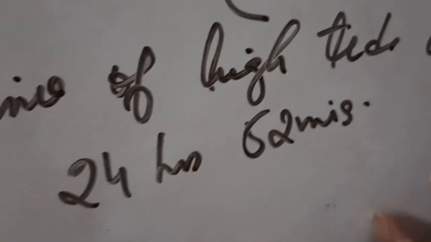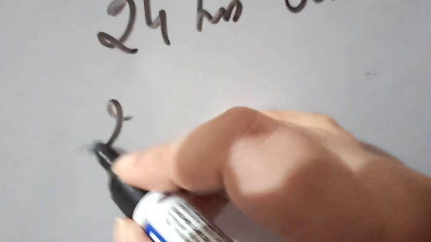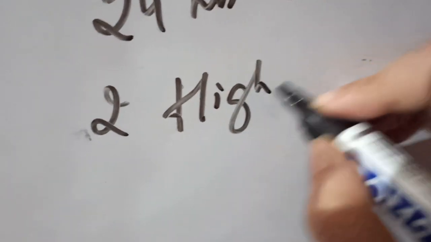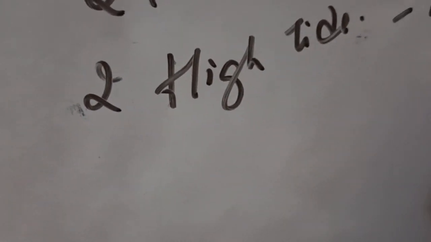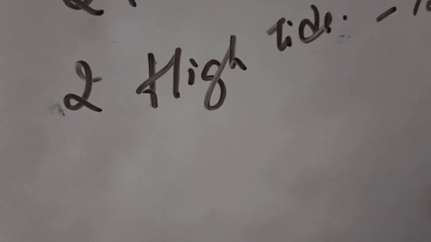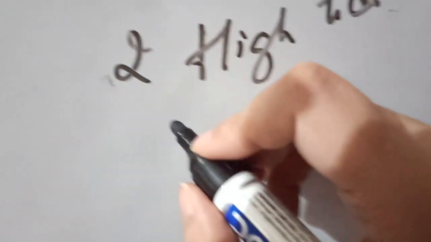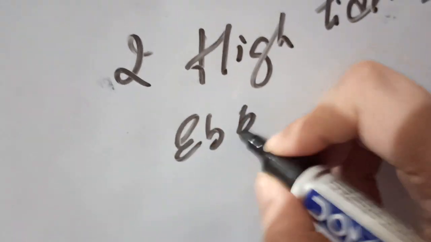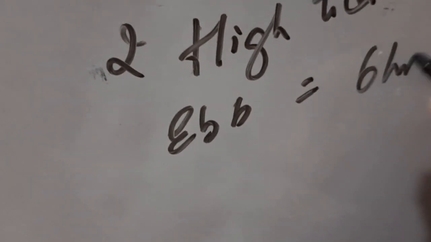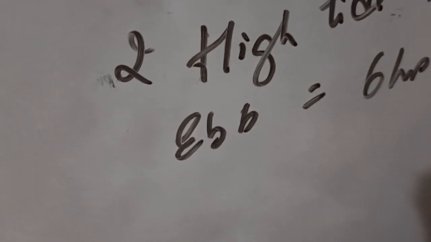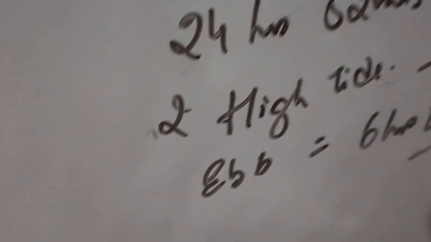Thus, the interval between the two high tides is about 12 hours 26 minutes, and the ebb tide comes nearly 6 hours and 13 minutes after the high tide.